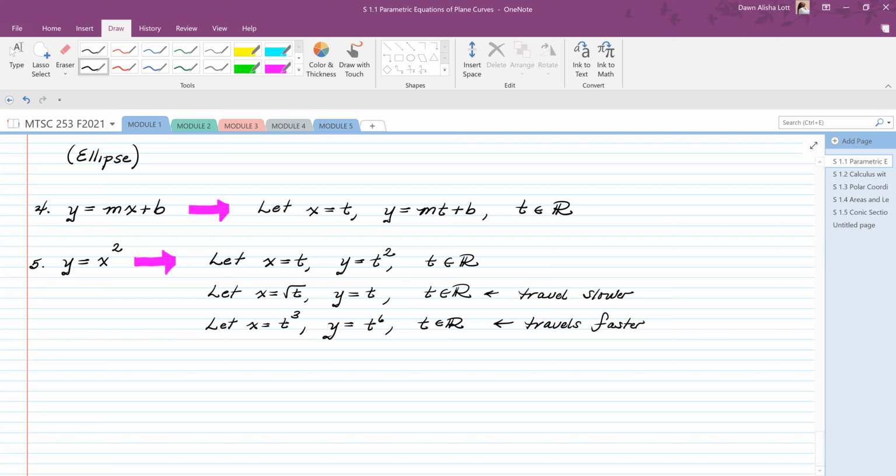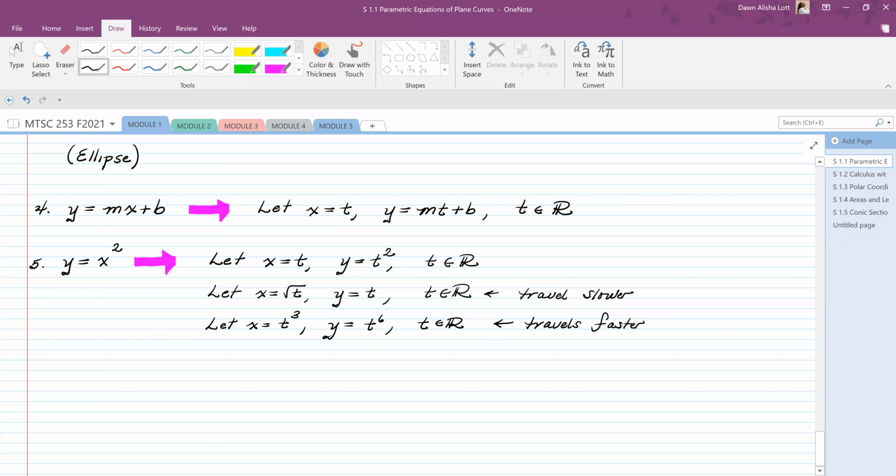All right, so the last thing for this section is to find the actual parameterization for a cycloid.